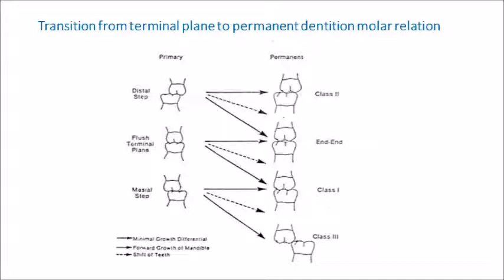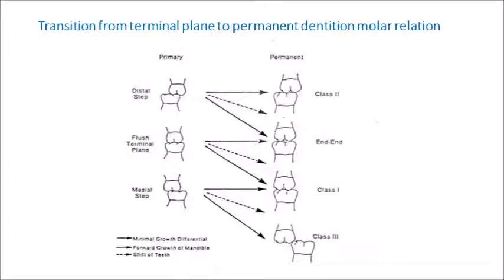Now the second scenario is, in primary dentition you have a flush terminal plane. That is, the distal surfaces of the second deciduous molars, both upper and lower, form a straight line. Now this can end up in an end-to-end relationship if there is a minimal growth differential. Whereas it can end up in a class 1 molar relationship if there is a forward growth of the mandible.